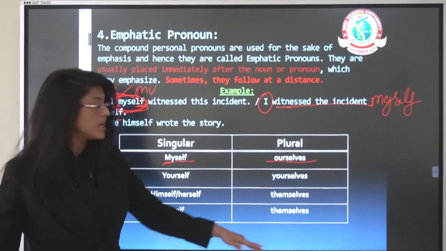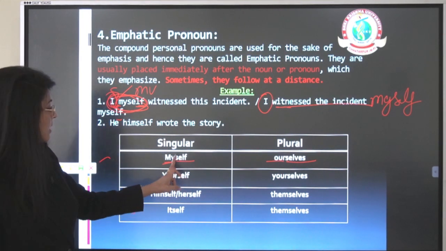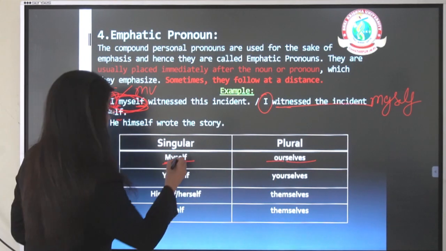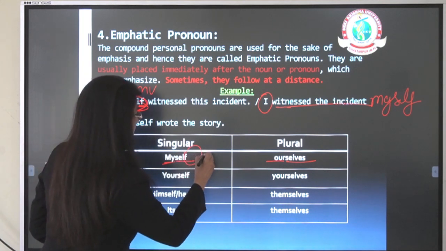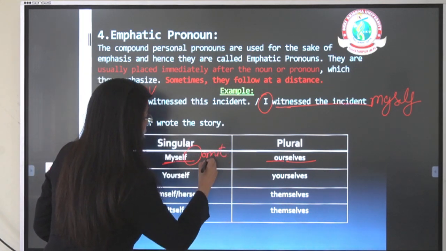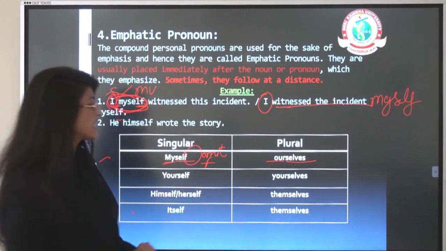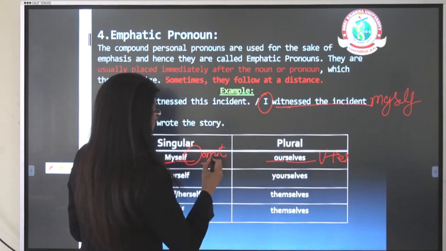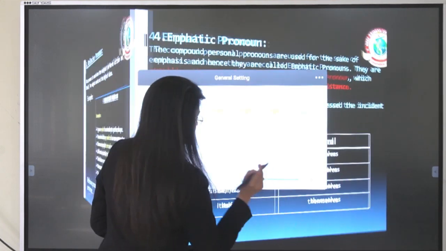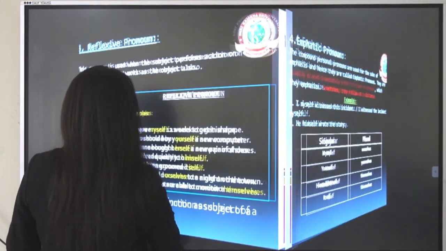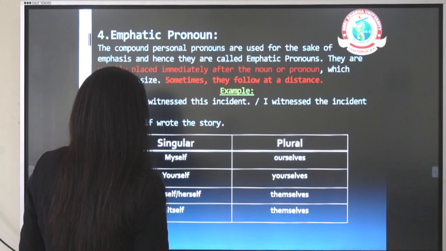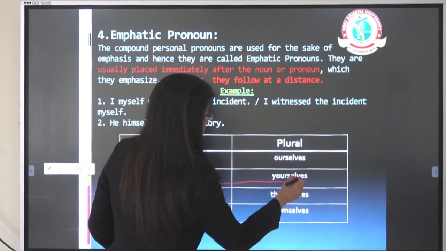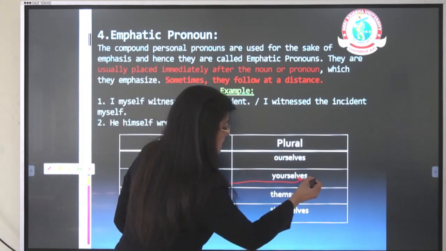Singular and plural, very easy. Whenever you convert from singular to plural, if it ends with f, you have to omit f and replace it with ves. See? So, here also f is omitted and replaced with ves, and es is added here.